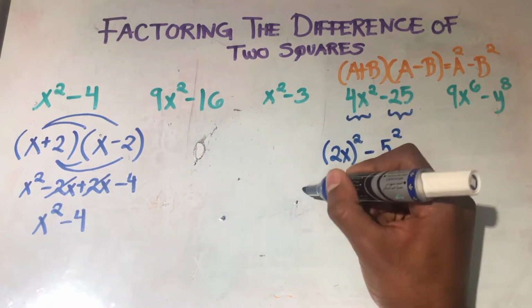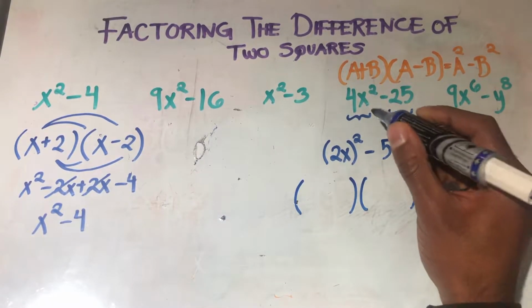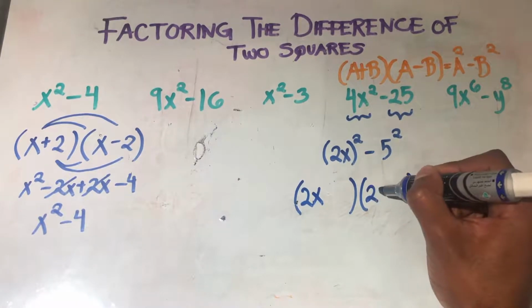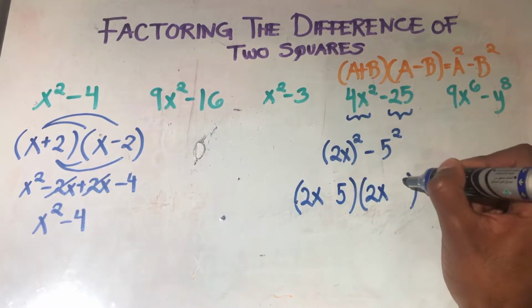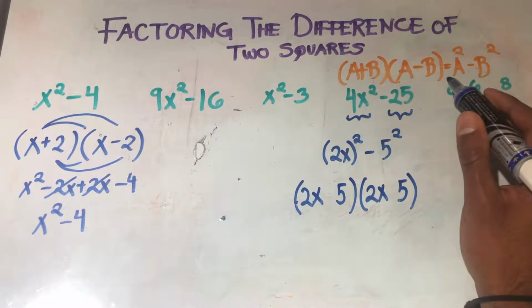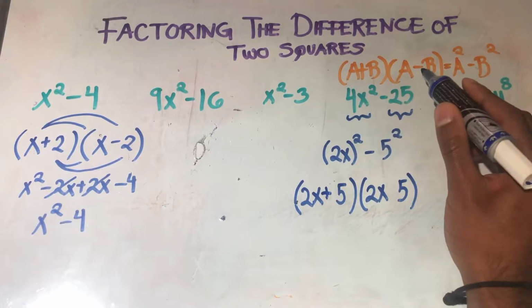So what does this tell us? If we set up our parentheses, we're going to get 2x twice and then 5 twice. And then following our general equation here, we have to put a positive sign here and a negative sign here.